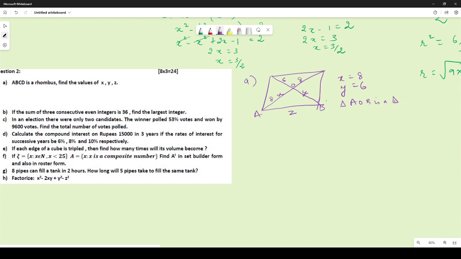So right angled triangle में आपको पता है क्या इस्तेमाल करना है, आपको इस्तेमाल करना है पाइथागोरस थ्योरम, okay?